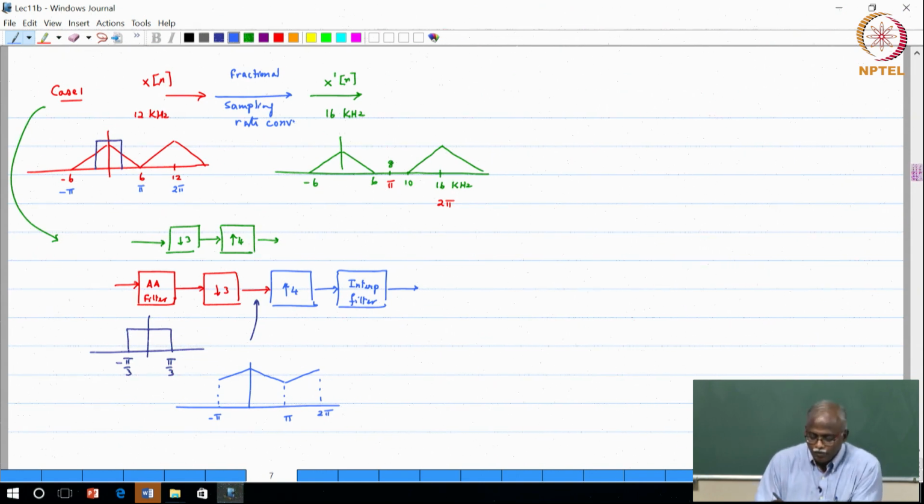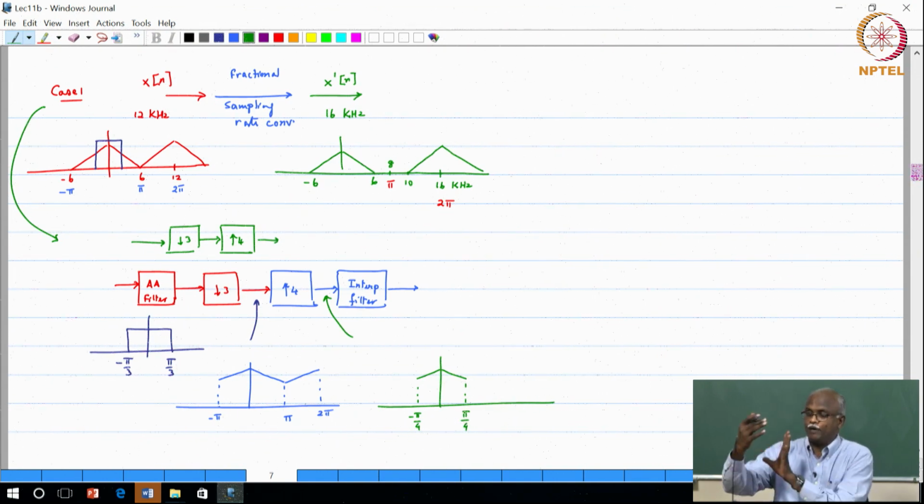Okay. Now, I do the upsampling by a factor of 4. So, at this point the spectrum is going to look like this. The input spectrum will get limited to minus pi by 4 to pi by 4, because you will get z power 4.